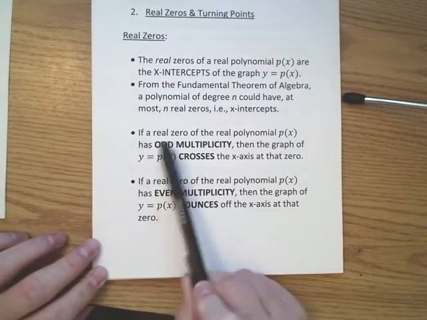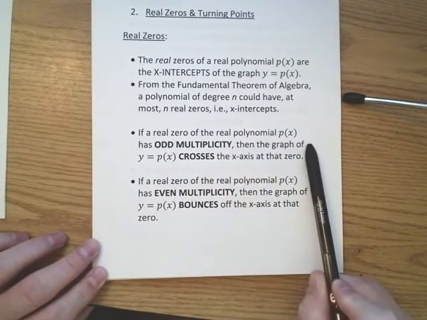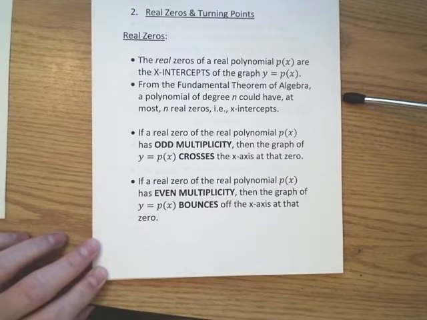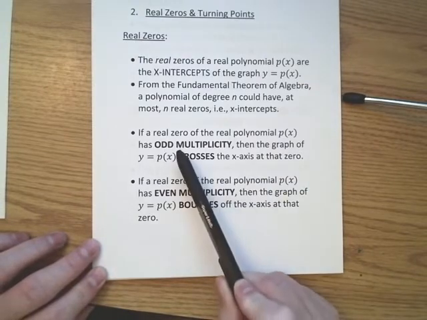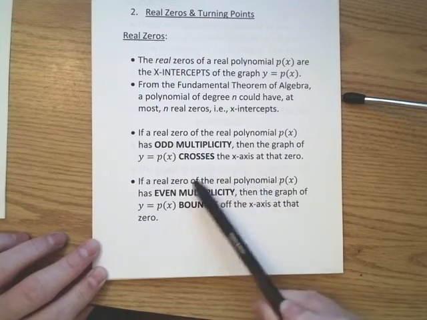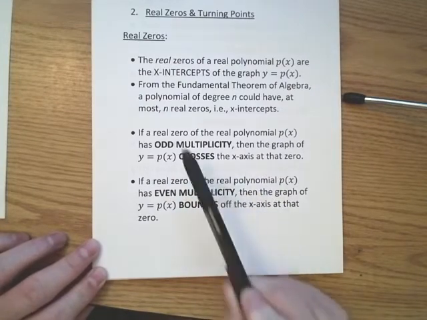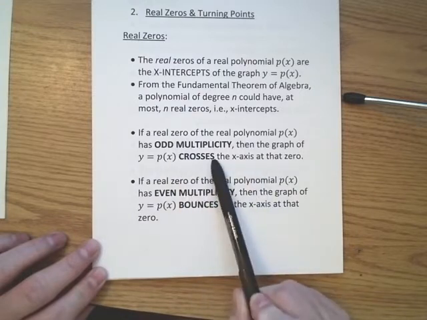But if a real zero of the real polynomial p of x has odd multiplicity, remember how we were talking about how multiplicity eventually comes into play here? If a real zero has odd multiplicity, then I claim the graph actually crosses the x-axis at the zero. So odd multiplicity, it crosses.